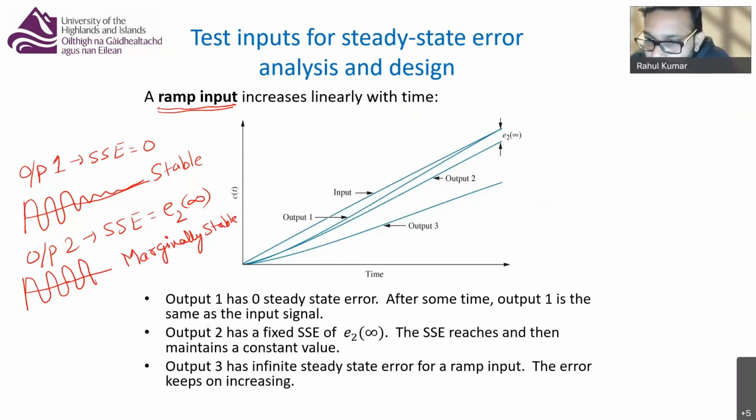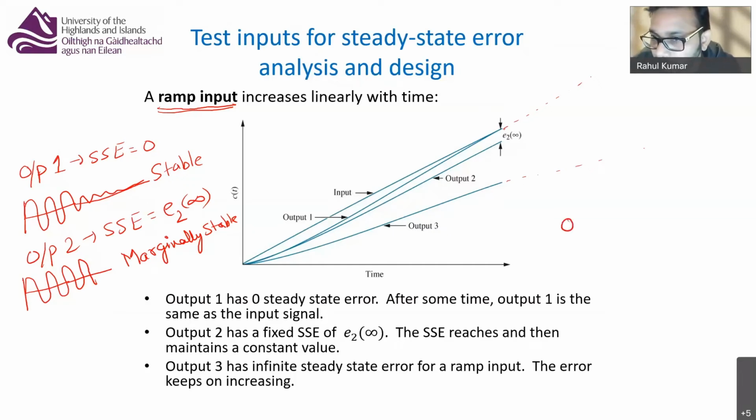Now output 3, let's see. Output 3 is this one. If you look at the trend of output 3, it is increasing. It will keep on increasing. So if my input goes something like this, my output will keep on increasing, right?